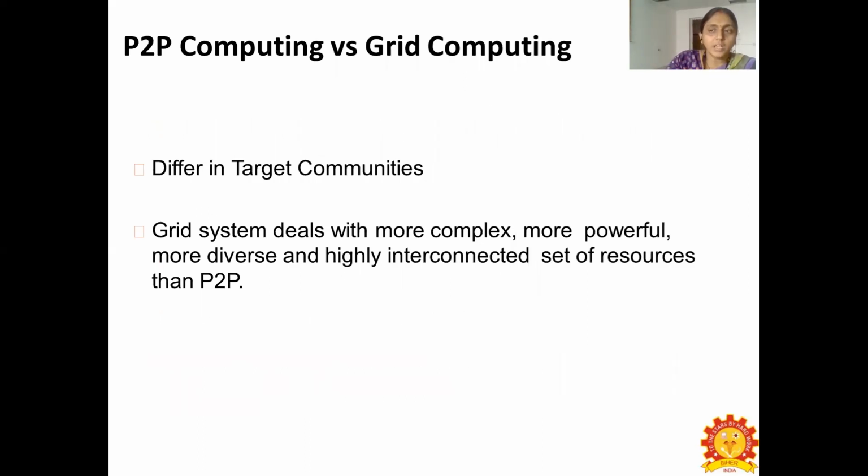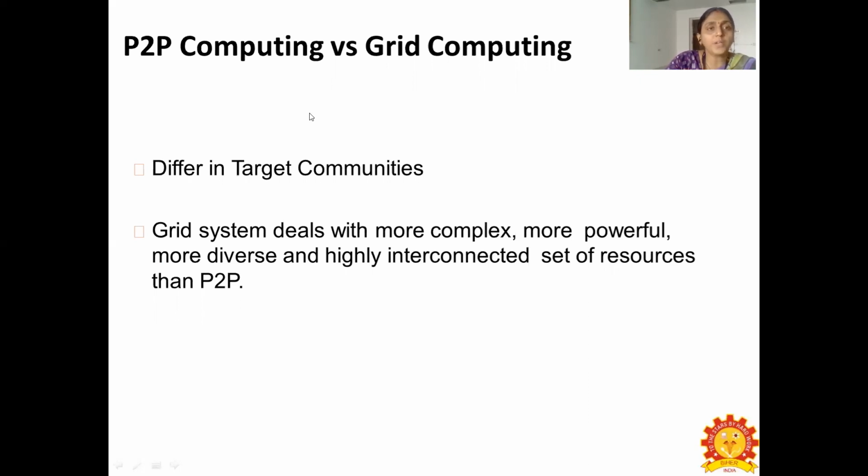And now we will see the difference between P2P computing versus grid computing. Peer-to-peer computing is a traditional method which has more disadvantages. Now it has been overcome in grid computing. And here grid computing mainly focuses on the communities in a distributed network.